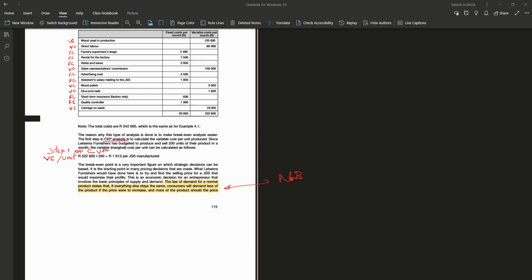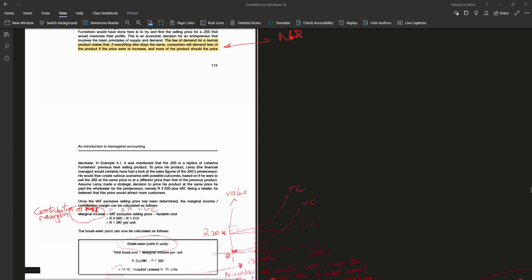It is an economic decision and it is for entrepreneurs who understand the basic principles of supply and demand, such as if the price is low, consumers will demand more of the product, and if the price is high, they will demand less. These are economic principles. So a decision has to be made on the price that will maximize the profit.